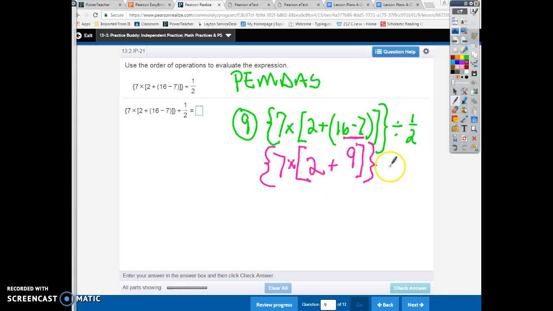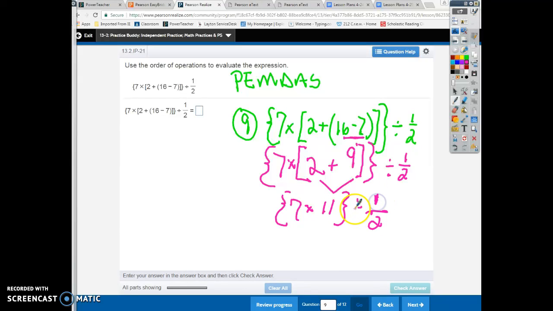So now I work inside, oh, don't forget, here divide by 1/2. So now I work here. 9 plus 2 is 11, 9, 10, 11. And I do times, I want to keep my brace. And I bring a 7, and I divide that by 1/2.